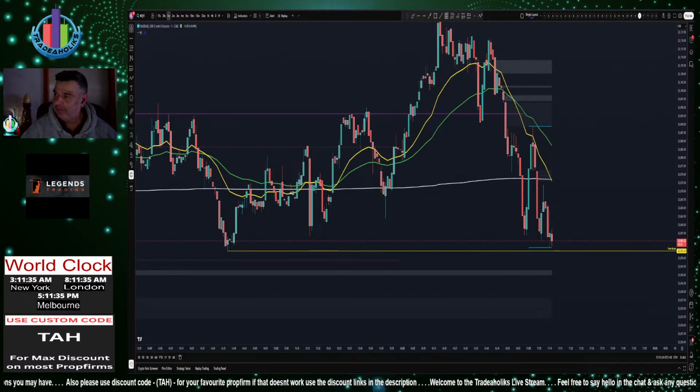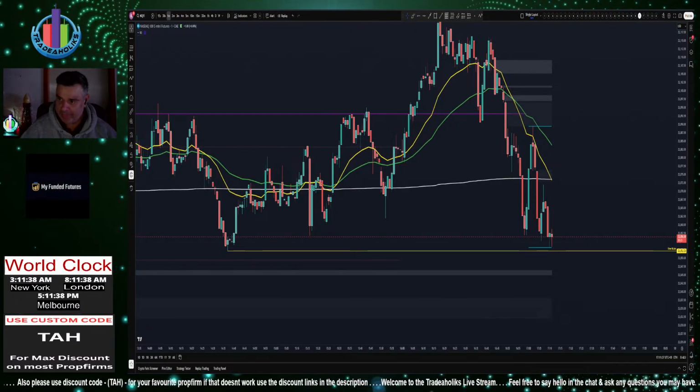Need to bring up my Bookmap, the Bookmap heat map.